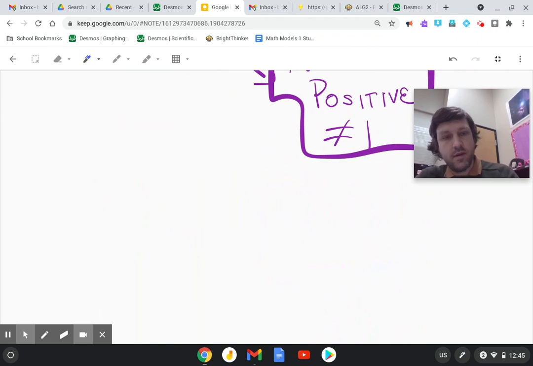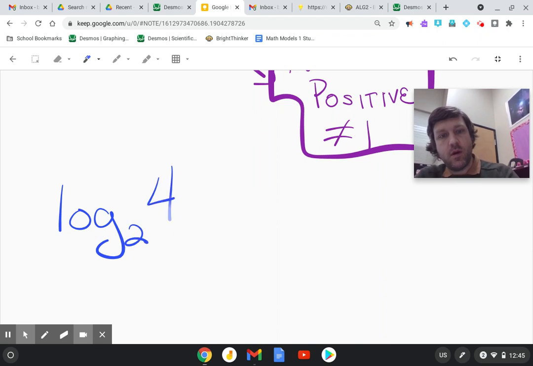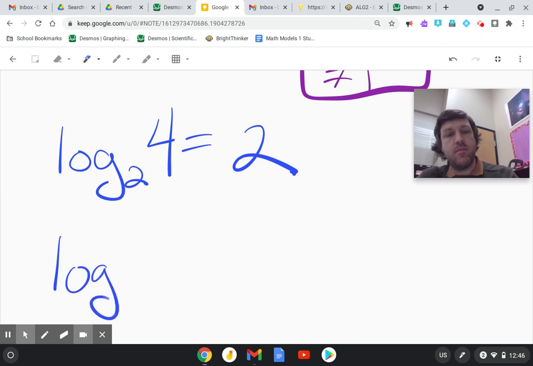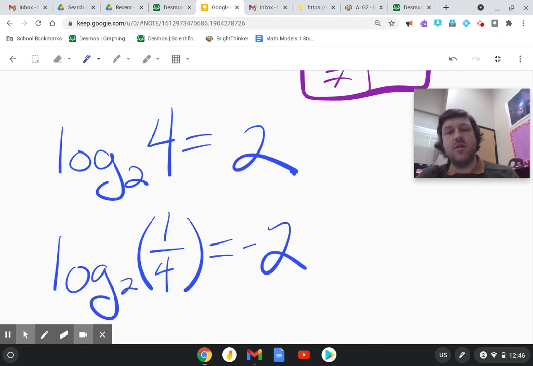If we know that the log base 2 of 4 is equal to 2, then we know the log base 2 of 1 over 4 is equal to negative 2.